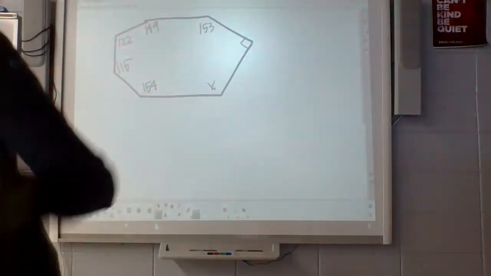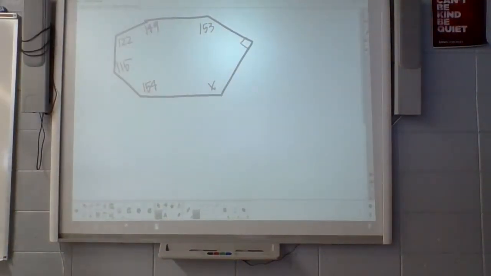So again, find the value of x. Good job. I have to try and beat you guys because I have an answer key. Need a new marker. So you have to find out the number of angles there are.